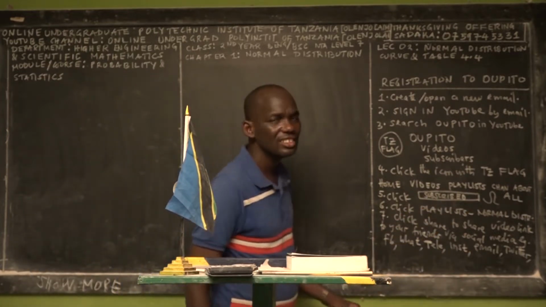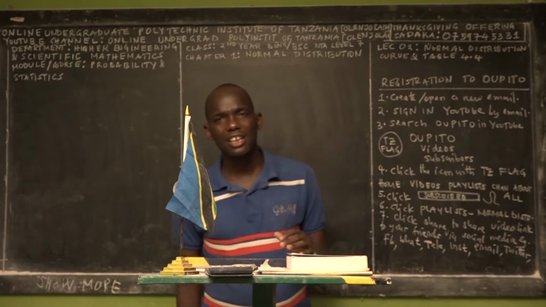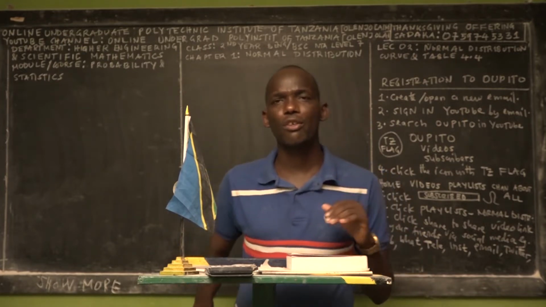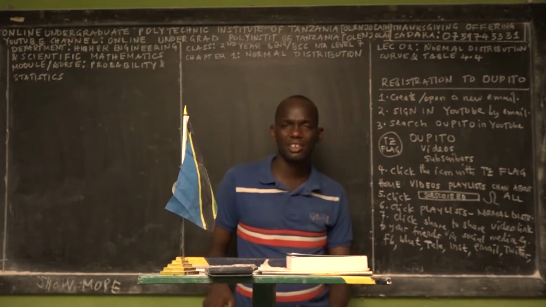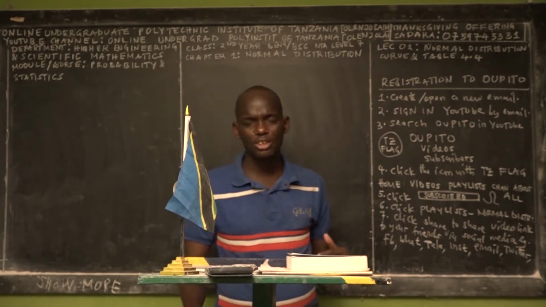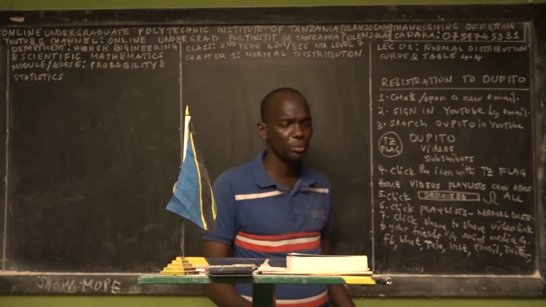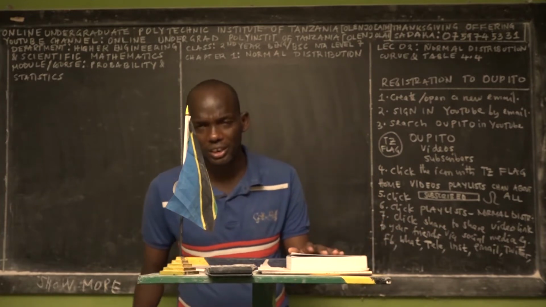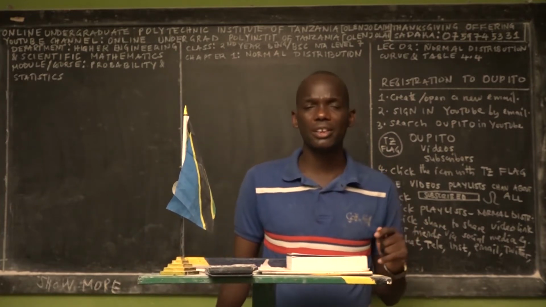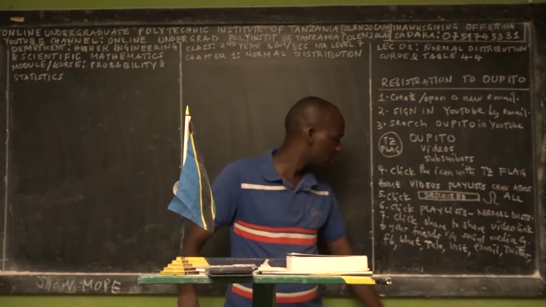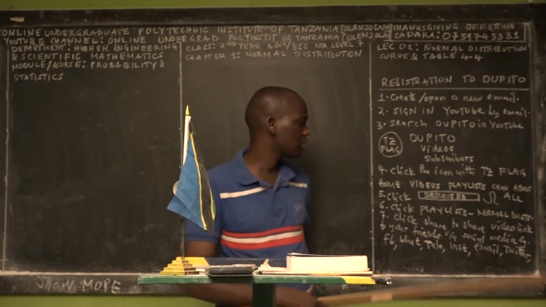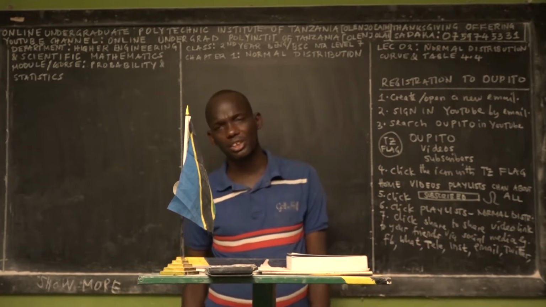We organize our topics in form of what? In form of playlists. For example, in probability and statistics, in this aspect of learning, we'll be having 4 topics. So each topic will have its playlist, and that topic will consist of videos about the particular topic.